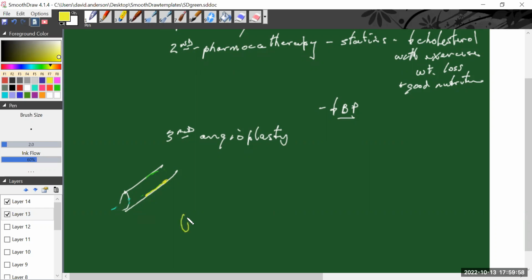In another example, we can address the atheroma by inserting a stent. And what a stent is, is kind of like a wired cage that's designed to compress and expand.